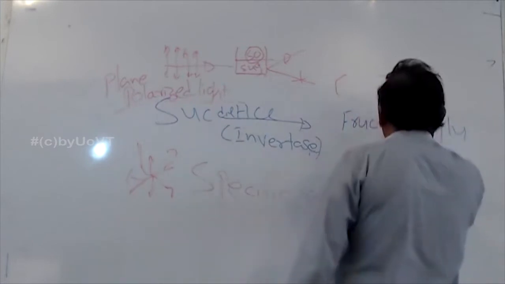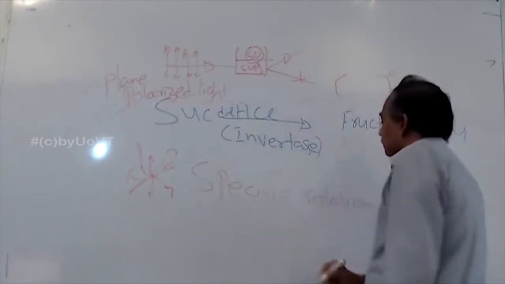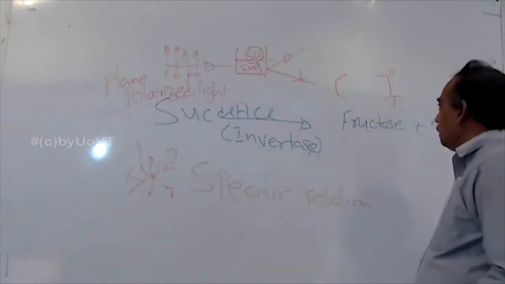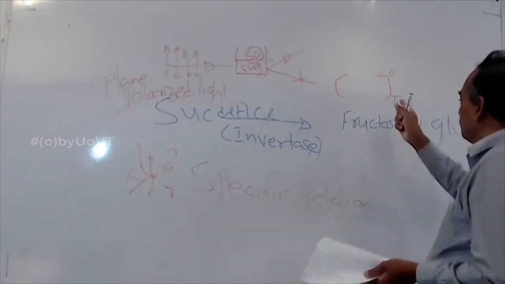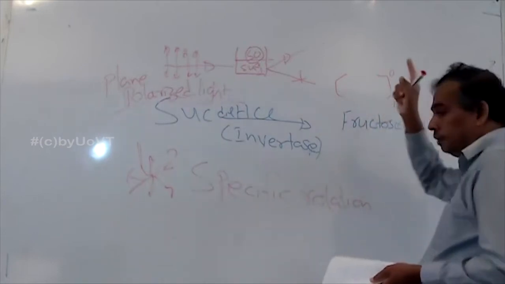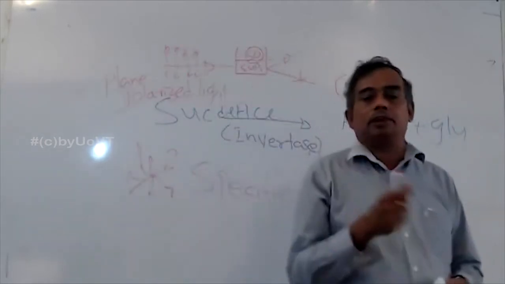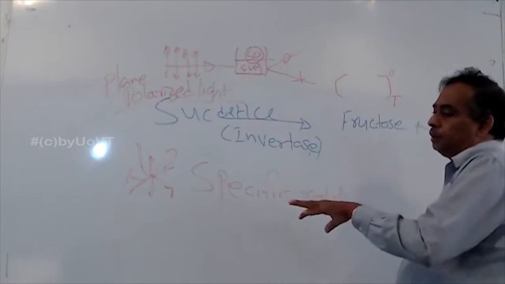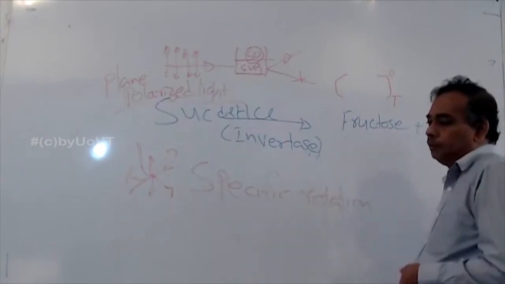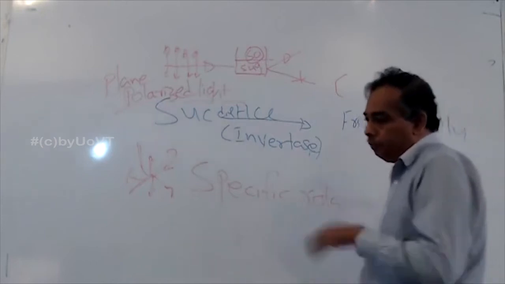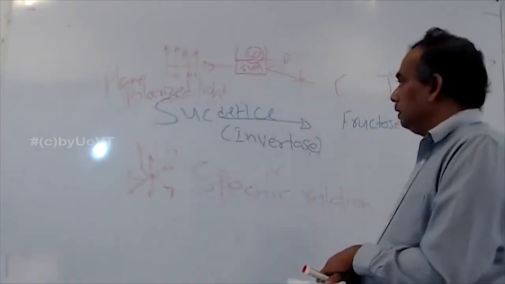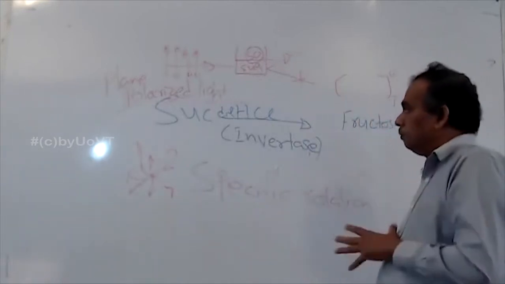Degrees we have to mention, and a very important point, the temperature. When we express the specific rotation of a molecule, we have to use the degrees of specific rotation together with the temperature, because depending on the temperature, specific rotation can change. So we cannot fix the specific rotation value for specific molecules. The same molecule can show different specific rotations in different environments. I think now you get the point of specific rotation. What is specific rotation?